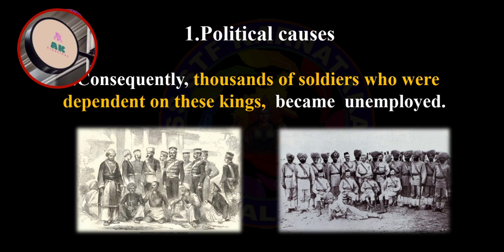Consequently, under the rule of a king, for example Akbar, so many people were working and getting their livelihoods. But because they lost their kingdom, a lot of soldiers lost their income and became unemployed, because of the British and Lord Dalhousie's rule, that is, the doctrine of lapse.